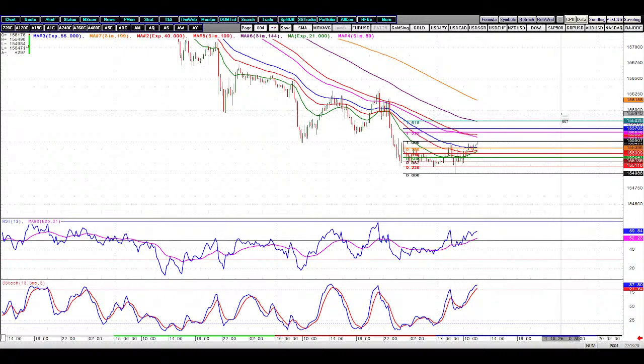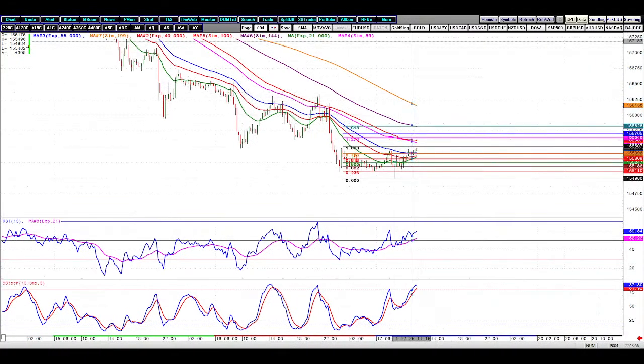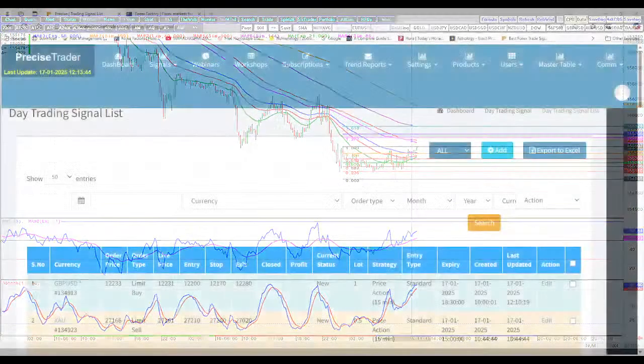Okay, 70 or 80. So what we can do is, we don't want to be missing this trade, so we can go for a half lot sell at 155.50 and another one lot sell at 155.80 and even another one lot sell at 156.20 and the stop above 156.35 or higher. Okay, so this should be our trade setup and game plan.